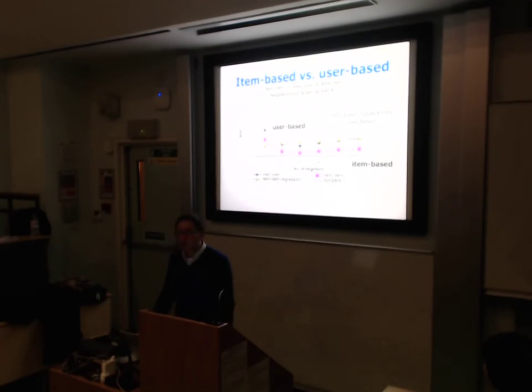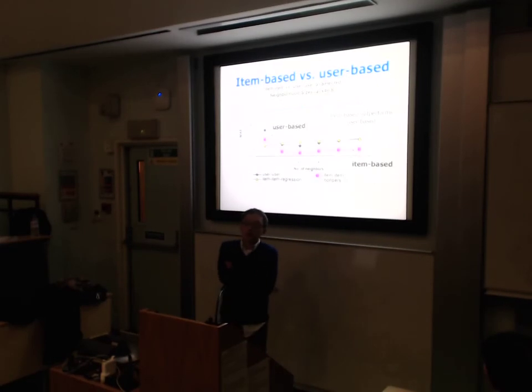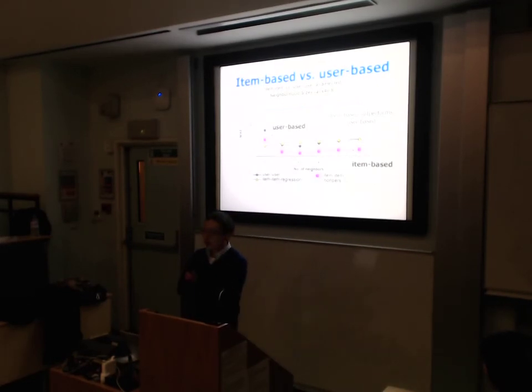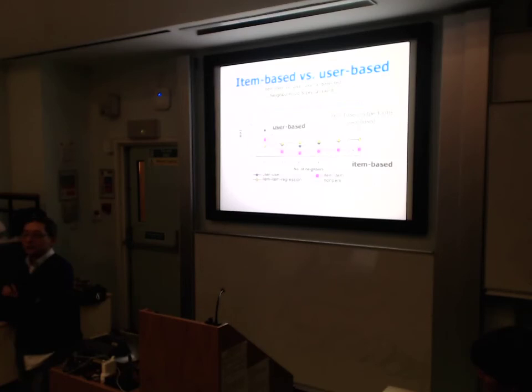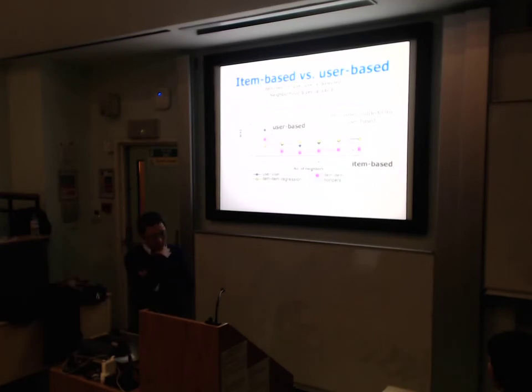Why is that? It's more likely to find sets of items that match closely than users that match closely. Users might diverge at various places, and therefore become less accurate predictors. So that might be one reason.